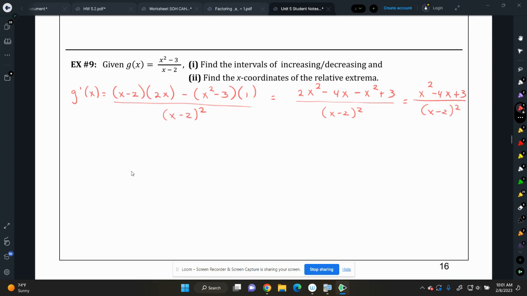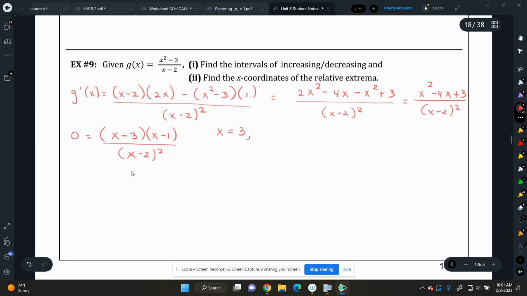So we're looking for a critical point. So let's set that equal to 0. I'm going to factor that numerator because I can see that it will factor. So x equals 3 and 1. That's where it's going to equal 0.